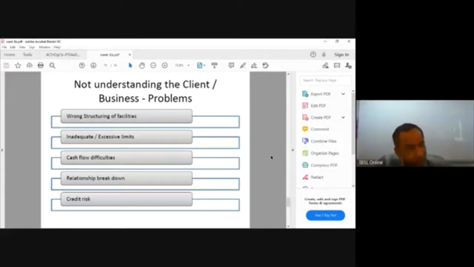That's why, if you are giving an overdraft, I'll give you this example. Just look at the board.